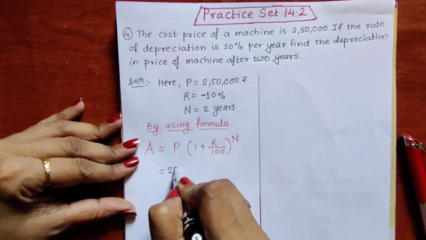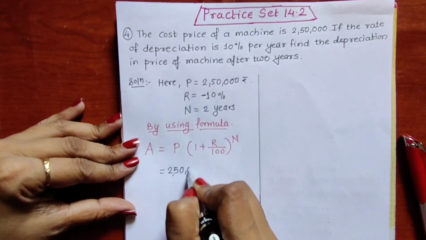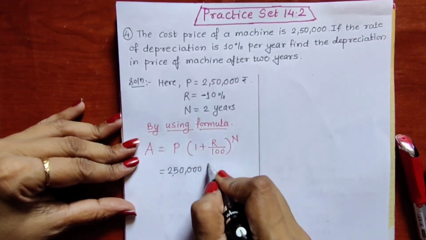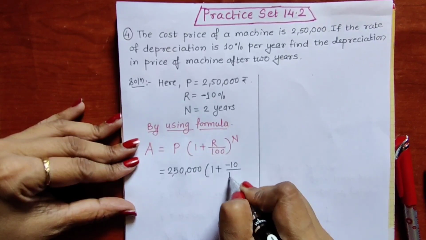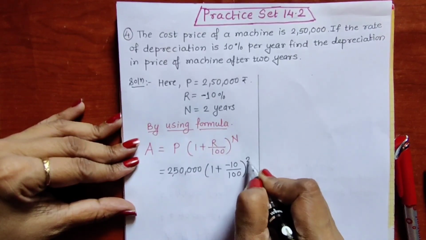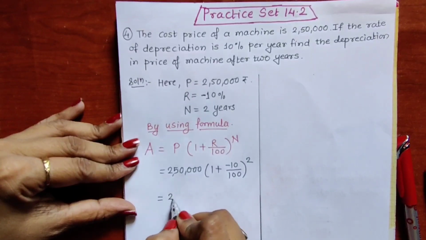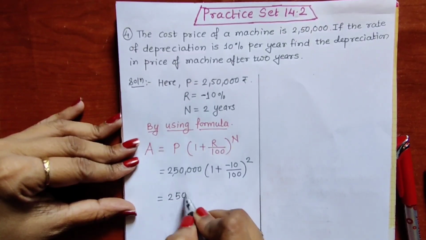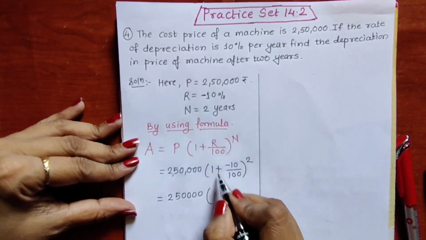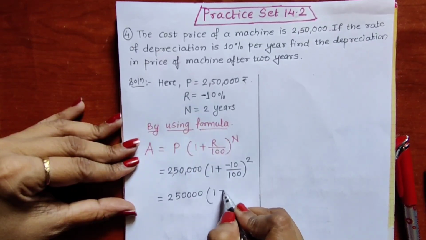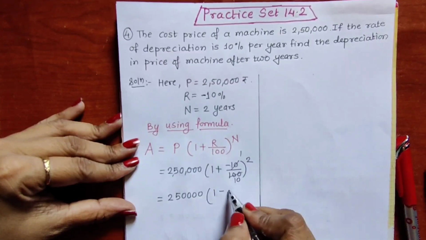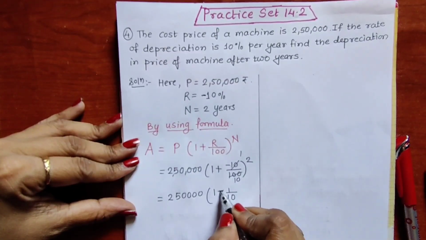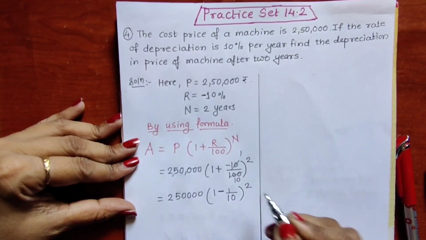P is 2,50,000. 1 plus R, minus 10 upon 100, raised to 2. So 2,50,000. Now plus minus, we write minus sign. We combine the sign, plus minus, it will become minus. 10 ones are 10, 10 tens are 100. It will become 1 upon 10. So 1 minus 1 upon 10 whole square.